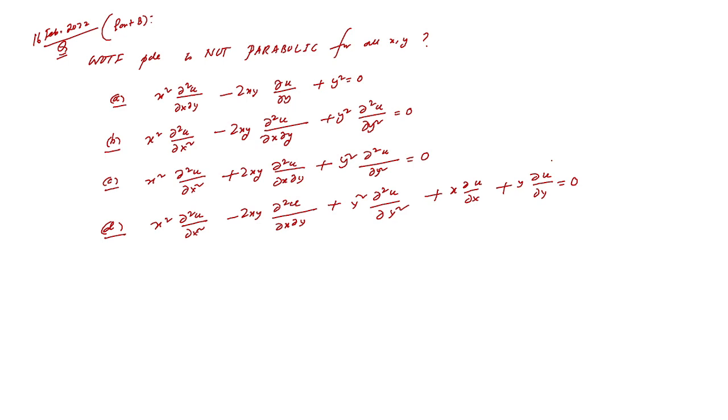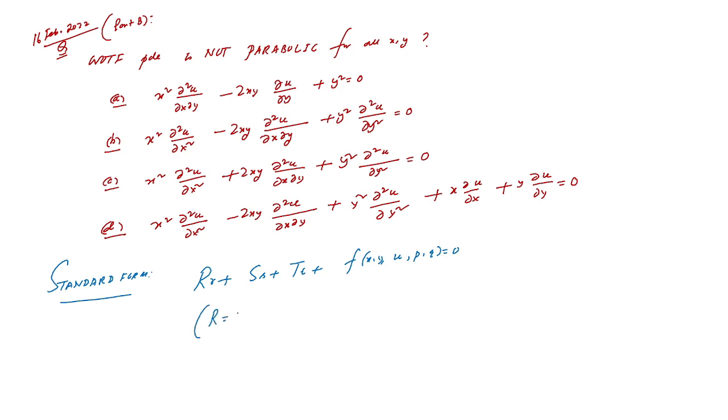So here what you will do is compare all the partial differential equations with the standard form. So what is your standard form? Standard form is capital R r plus S s plus T t plus f(x, y, u, p, q) equals 0.